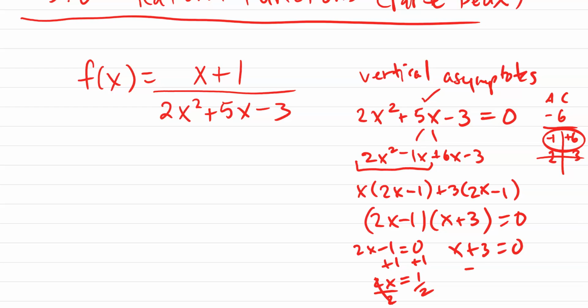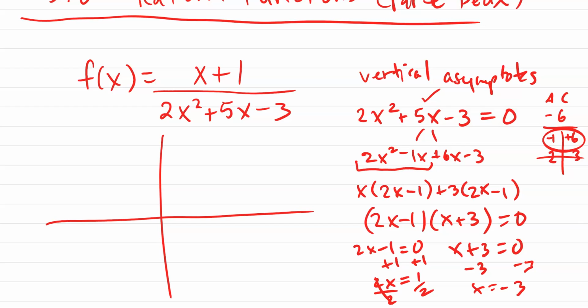For the second one, we get x equals, what's that, negative 3. So again, this is going to have 2 asymptotes: one at 1 half, and one at negative 3.